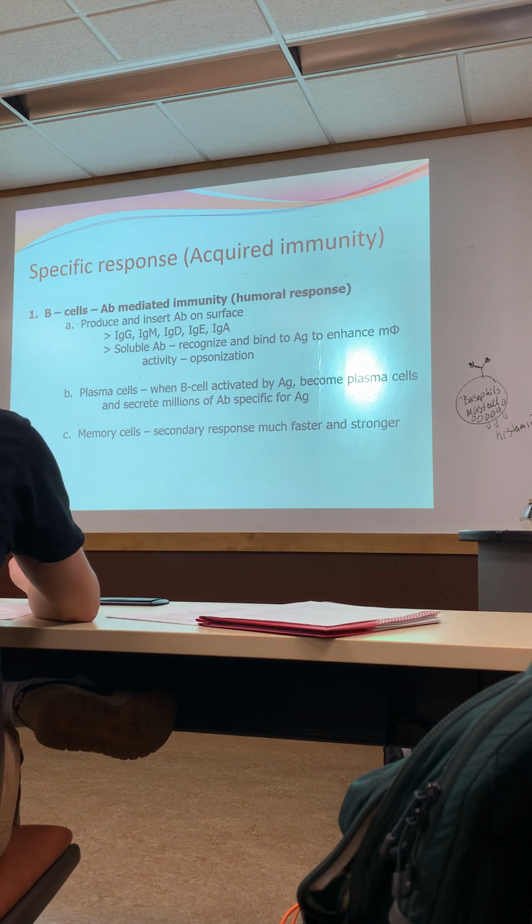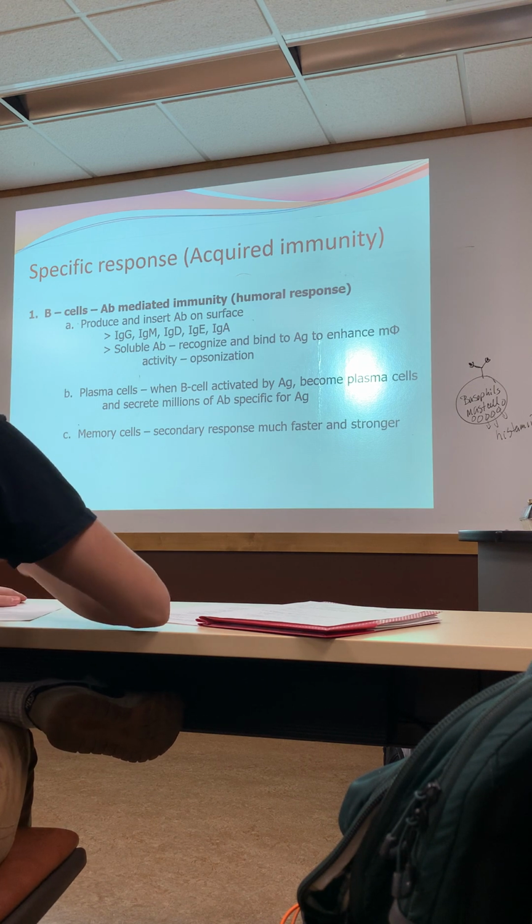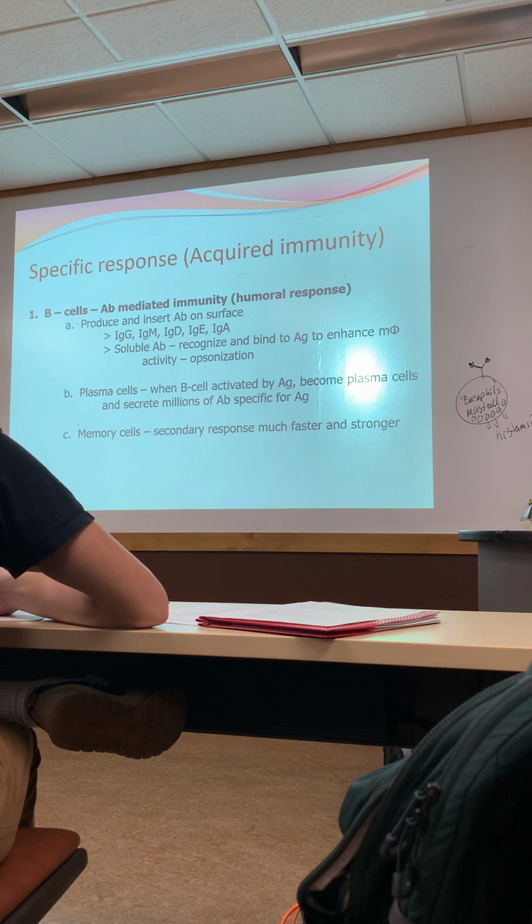The other thing we're going to get on this side is the B cell is going to become a plasma cell, and it's also going to become what's called a memory cell, a memory B. So memory cells will remember that we've seen this before, and then the response will be a whole lot faster.